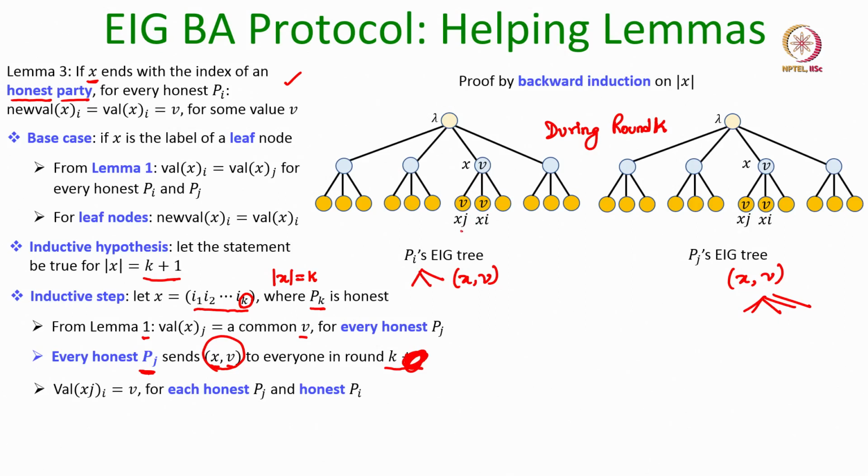Those indexes could be j, i and other honest parties. The old value which will be assigned to the children with labels xj, xi and x followed by the index of an honest party will be v, because as I said, all honest parties will be sending the message x followed by v to everyone.